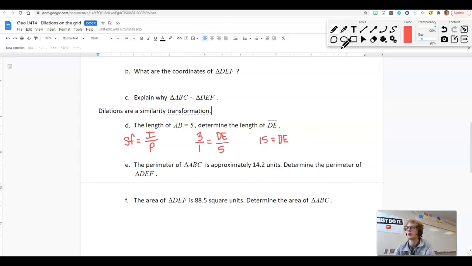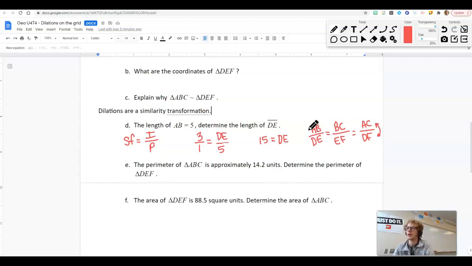Remember, whenever you set up any of these proportions, you have to keep everything either image to pre-image or pre-image to image, meaning that you have to have AB to DE, and I'm just following the letters here, equal to BC over EF, equal to AC over DF, or the other way around to get the scale factor.